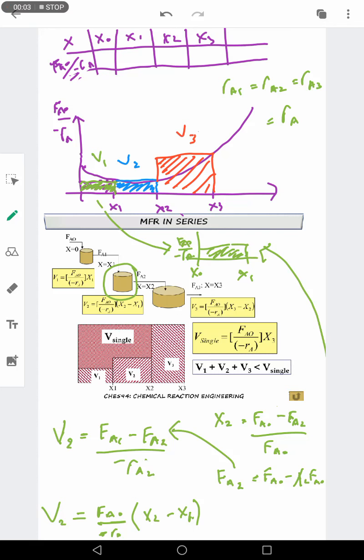Okay, I'll start a little bit on this. I'll continue with this MFR in series. So we were at calculating the volume V2 just now.